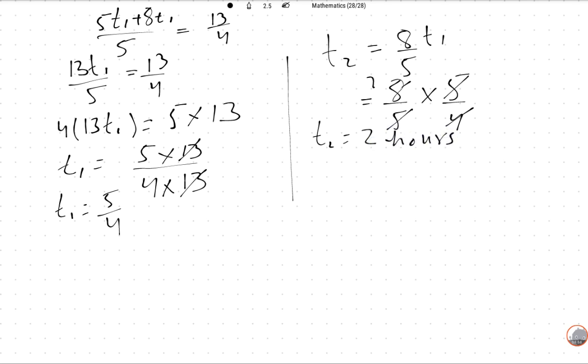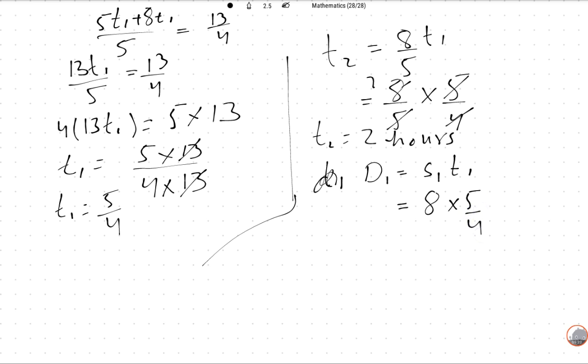So whether it is required or not is up to you. d1 is equal to s1 t1. So what is s1? S1 is 8, multiplied by 5 upon 4.